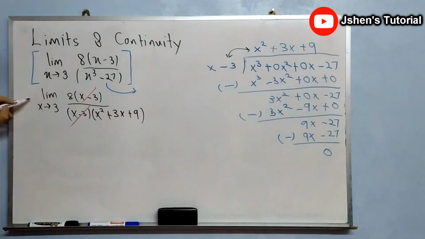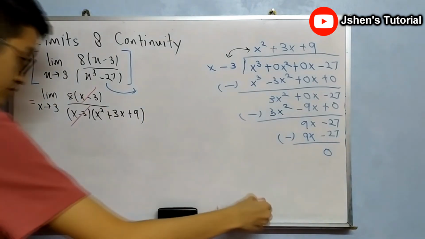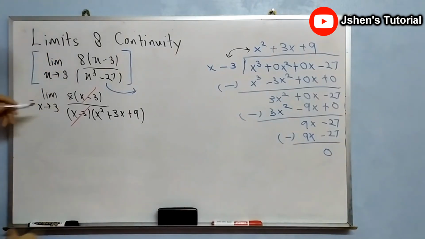Since x is approaching 3, now we can substitute the value for the x value.